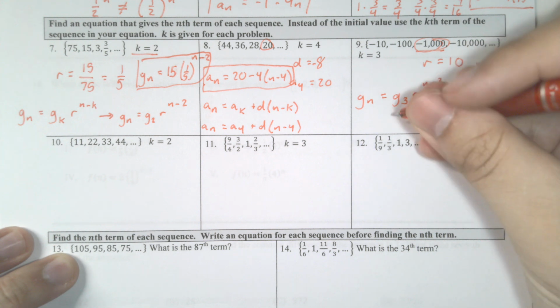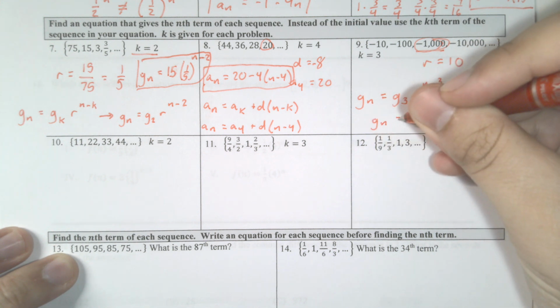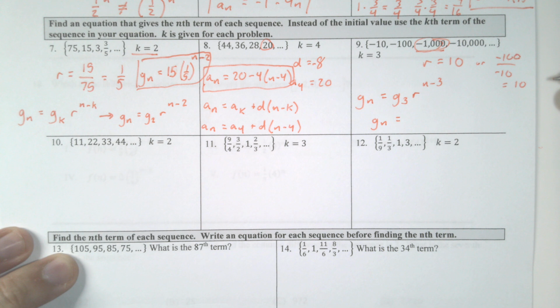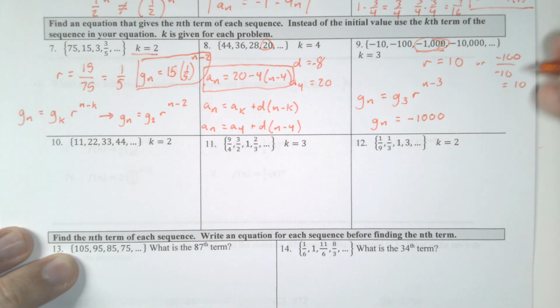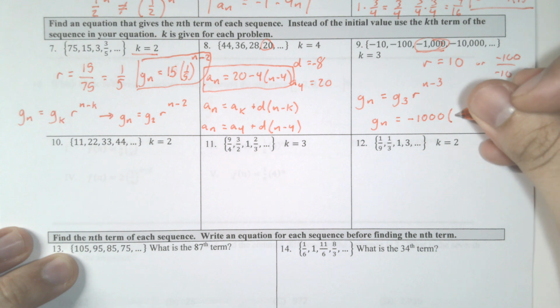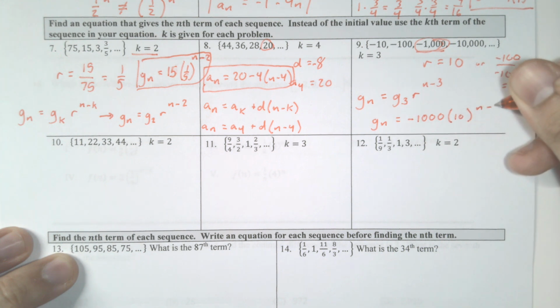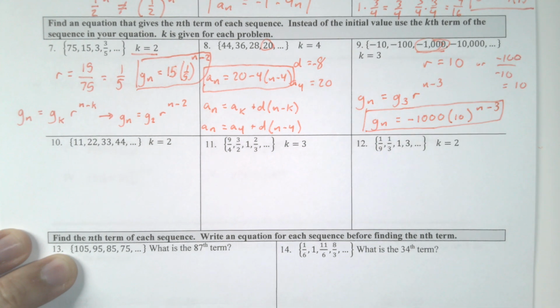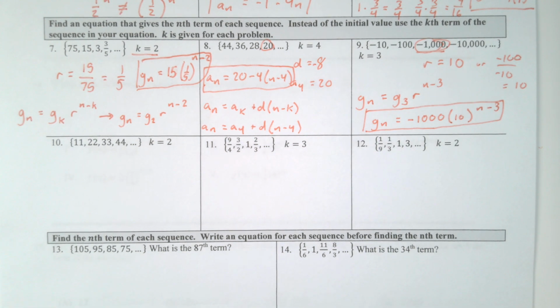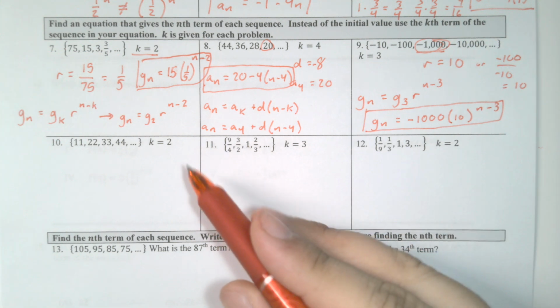Plugging in this information, we have g sub n is equal to g sub 3, which is negative 1000, times r, which I'll put in parentheses, 10, to the power of n minus 3. And that will be our formula. Alright, what about this next one?